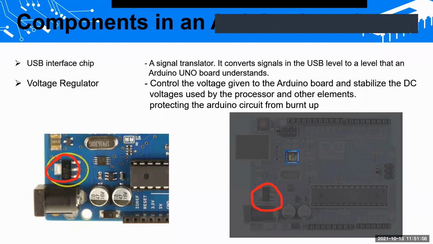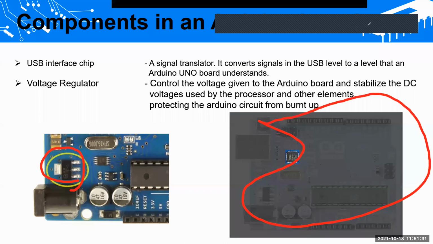If we have a higher voltage, that will be regulated by the voltage regulator. If you put in a higher voltage, it basically burns up the voltage regulator, but it saves all the other peripherals. That's the functionality of the voltage regulator.